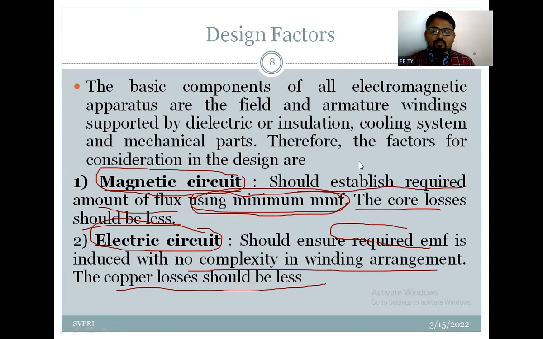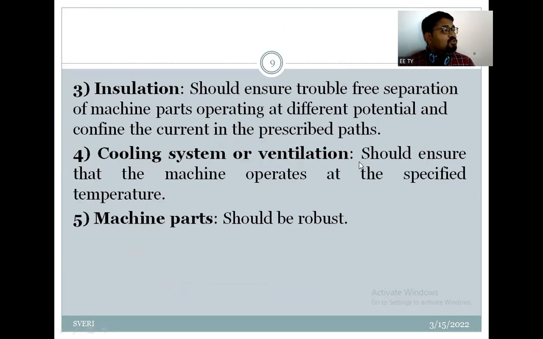And now what is my third point? See, they have given insulation. Whenever we consider the design of any electrical machine, the insulation plays a very important role. Why?